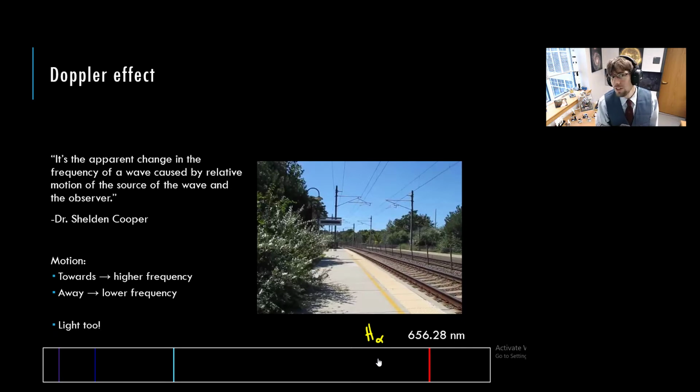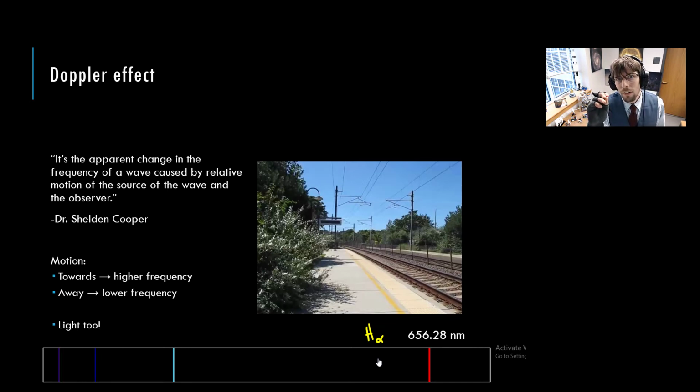This hydrogen alpha line, will it be seen at higher frequencies or lower frequencies if it's moving away from you? Good, a lower frequency. Next question. Thinking about wavelengths now.